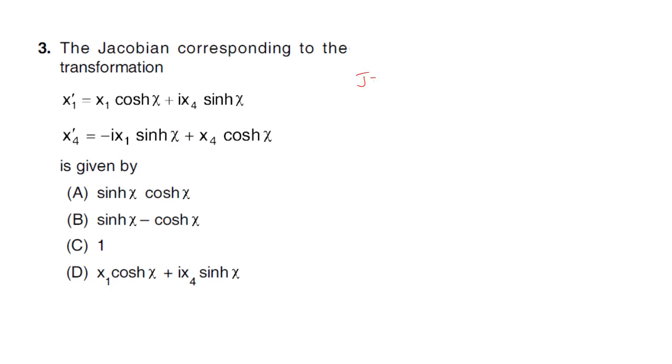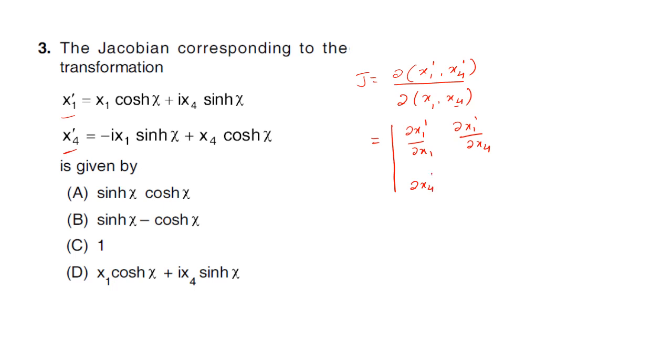Jacobian is given by ∂(x1 prime, x4 prime) divided by ∂(x1, x4), that is the determinant of ∂x1 prime/∂x1, ∂x1 prime/∂x4, ∂x4 prime/∂x1, ∂x4 prime/∂x4.